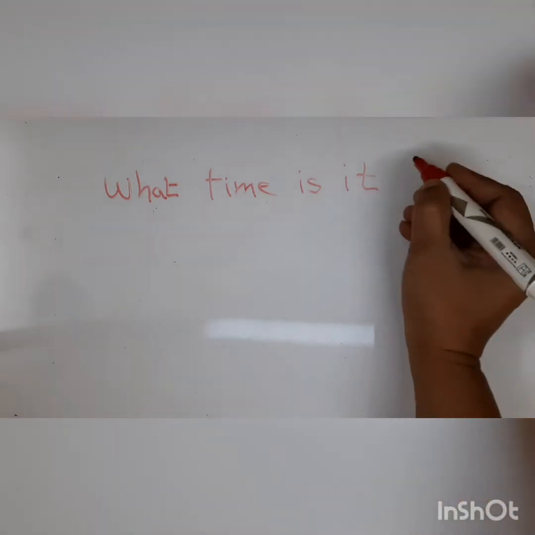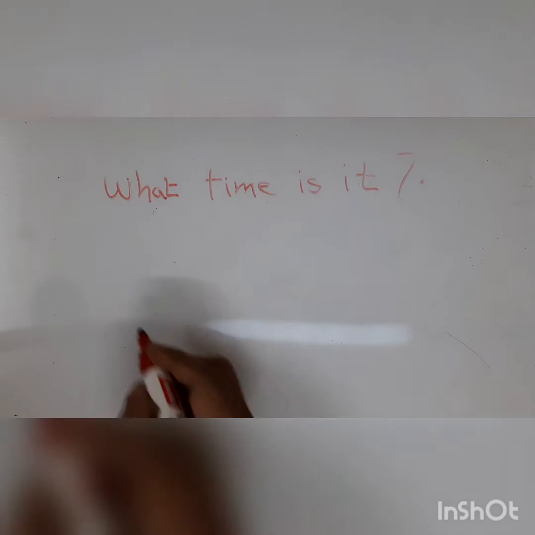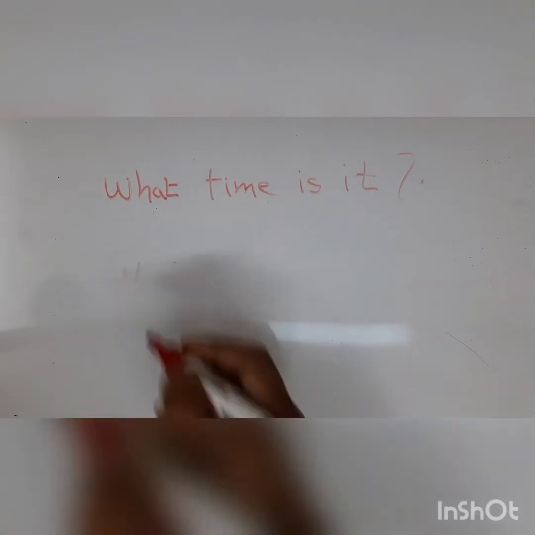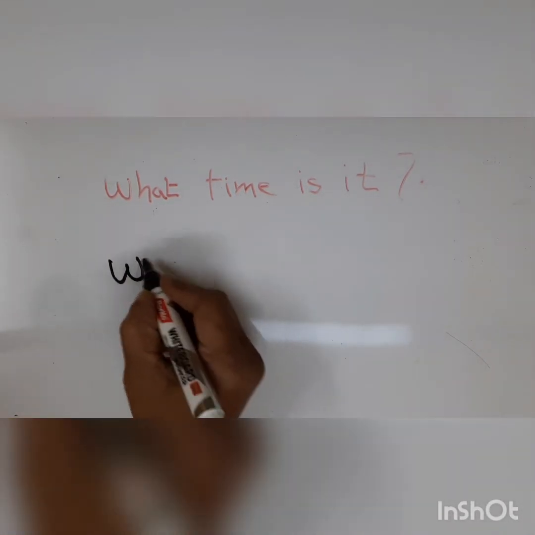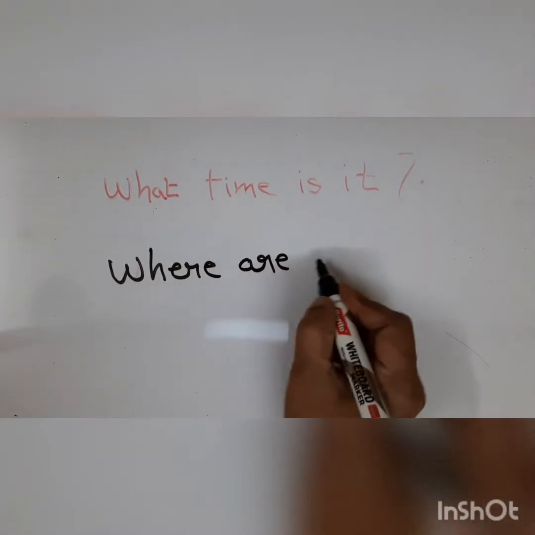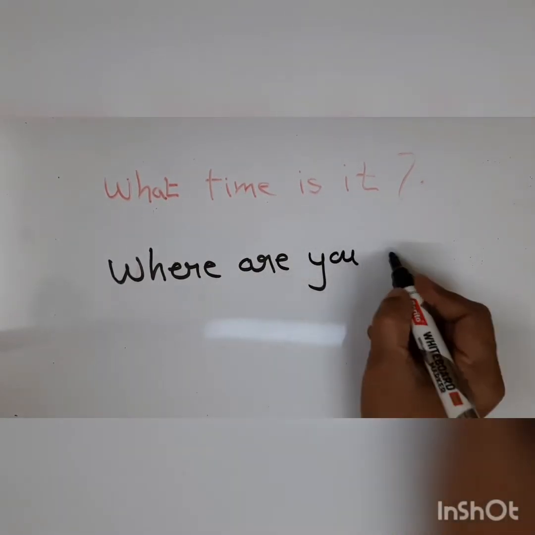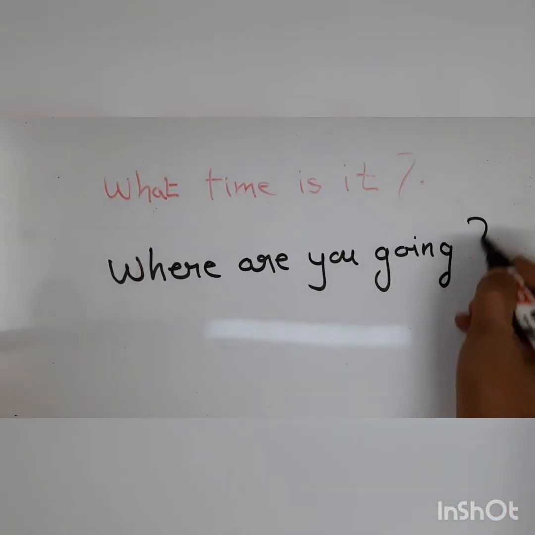So you'll tell me 10. So this will be a question mark. If I ask you, where are you going? I need another pen, I think. Where are you going? Again, I'll need a question mark.